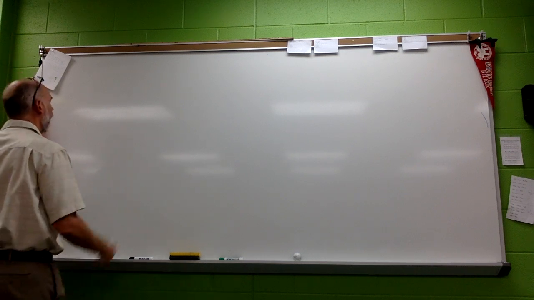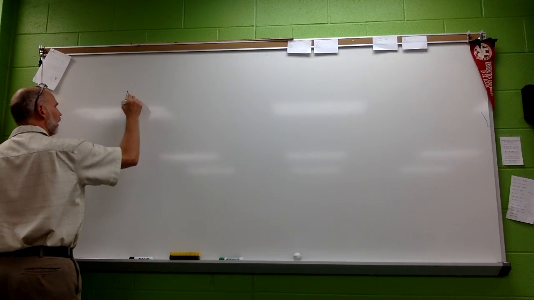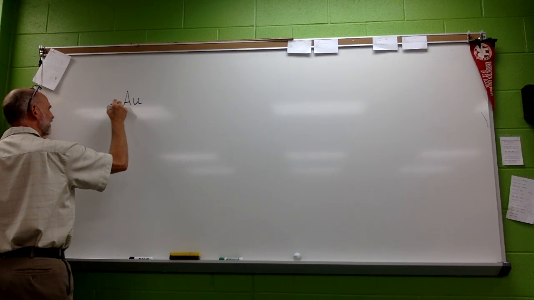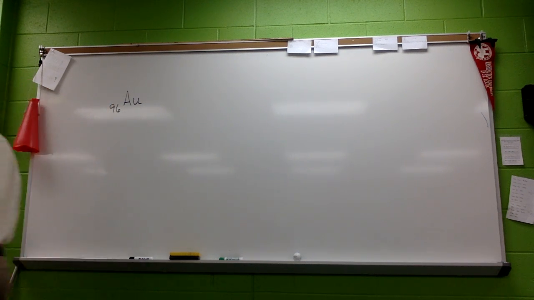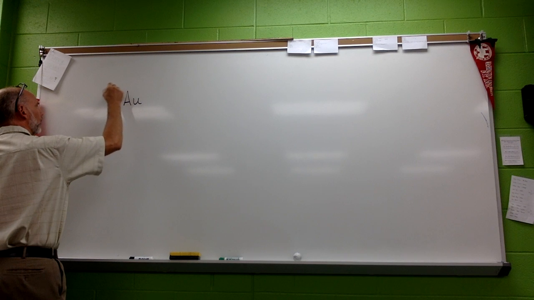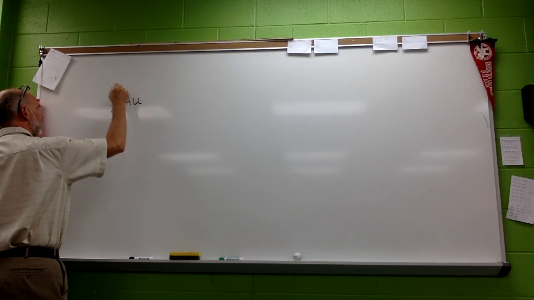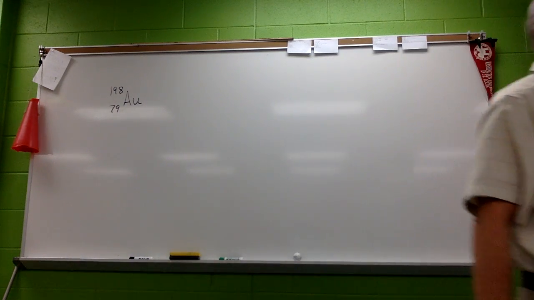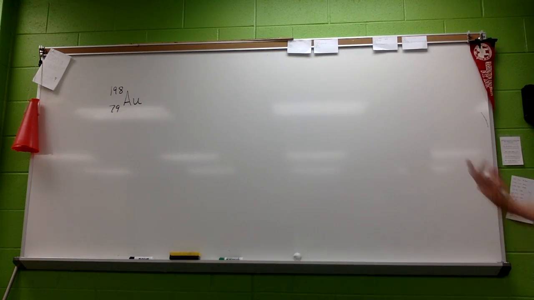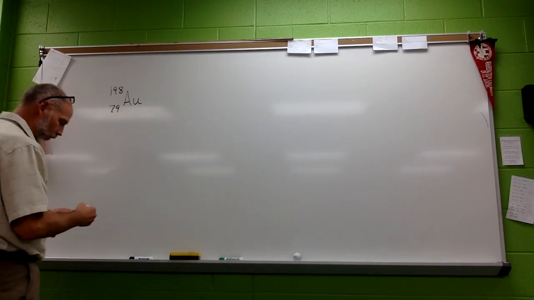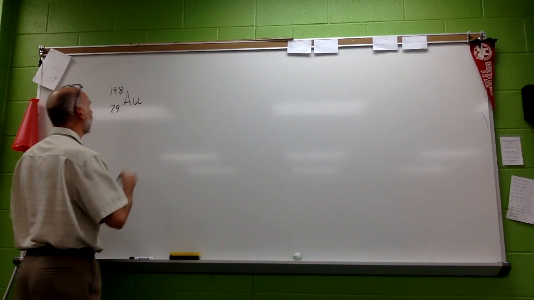Oh, look at her go. 79 and 196. There we go. And let's go with 198. So here's just a random isotope of gold, and I'm going to add one more little piece to it.